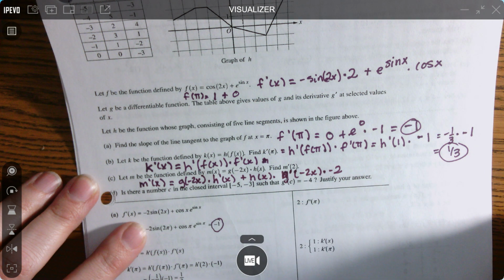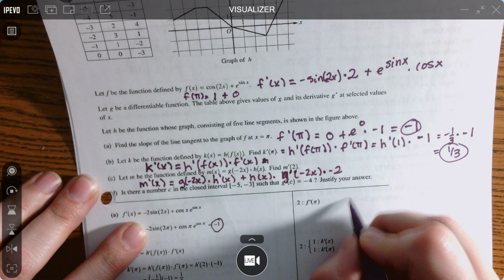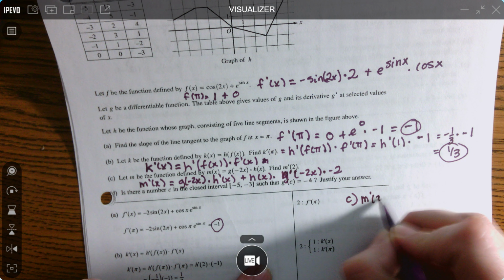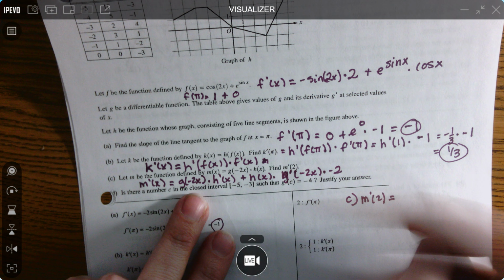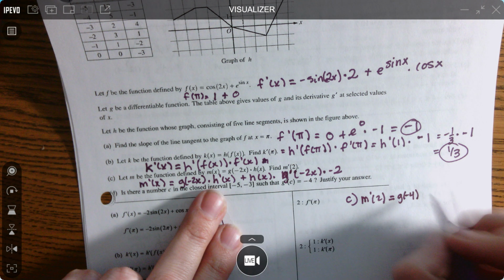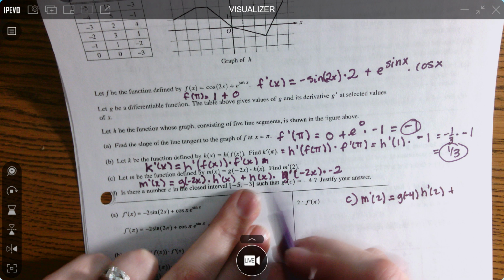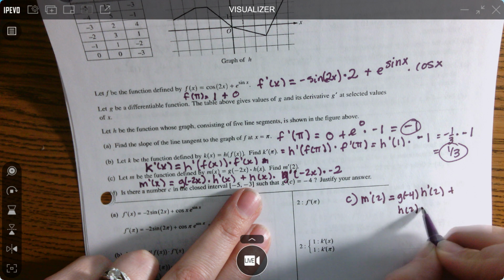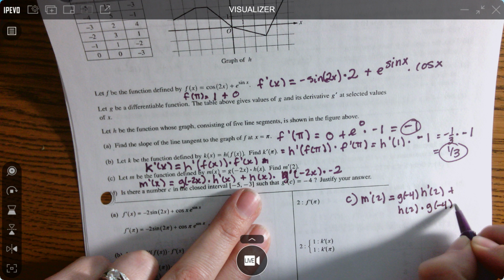And then we would plug the pieces in there. I'm going to go letter C right here. So I'm going to need g of -4 and h prime of 2, plus h of 2 times g prime of -4 times -2.